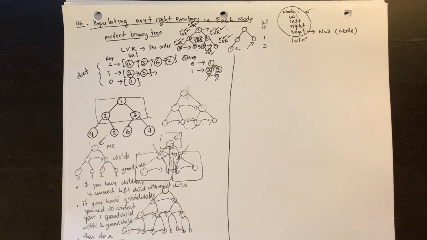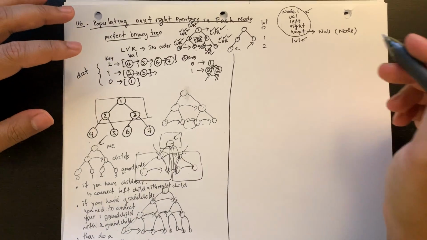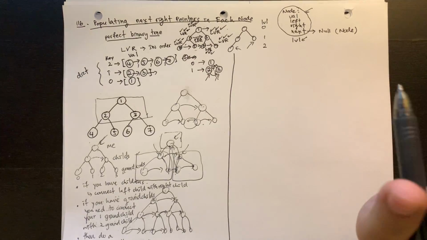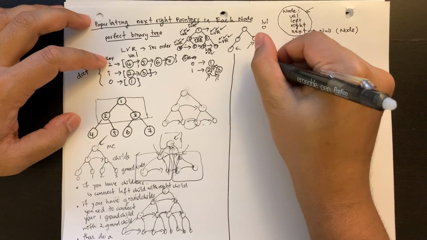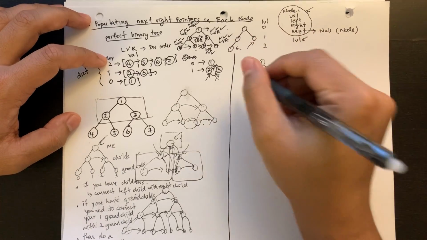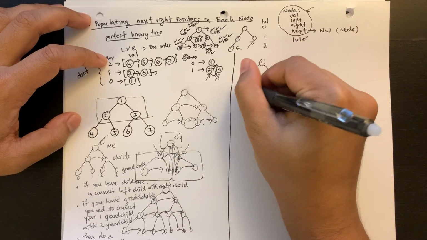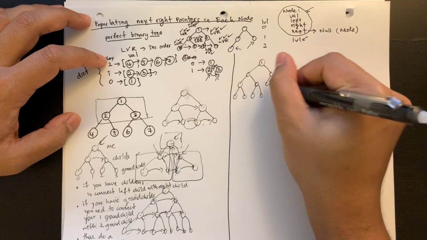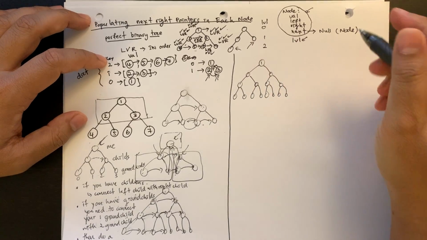Okay, I think it works. Let's run through one example and see if this program works, because at Microsoft they like to test, just so you know. All right. Okay, so the numbers don't matter.